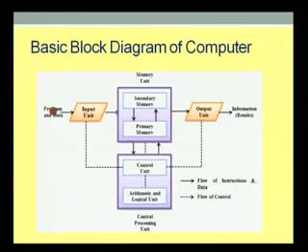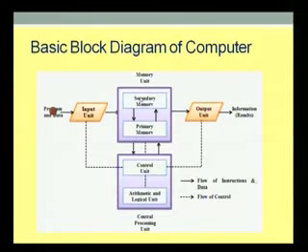Here you can see we have different units. This is our basic block diagram, and it has different units. We will see each and every unit in detail. The first unit is our input unit. The next unit is our memory unit.